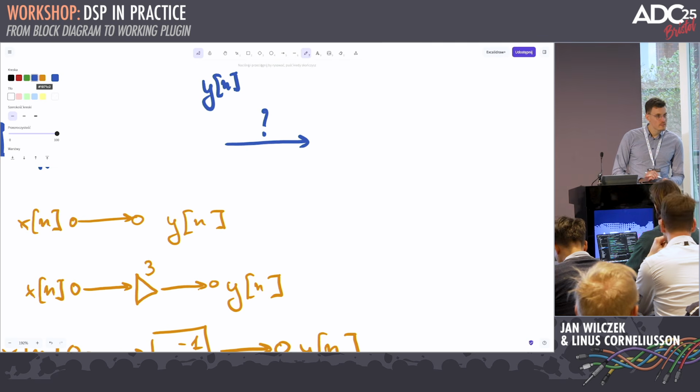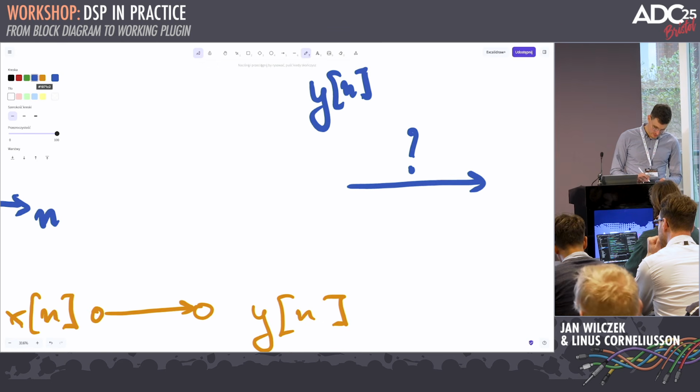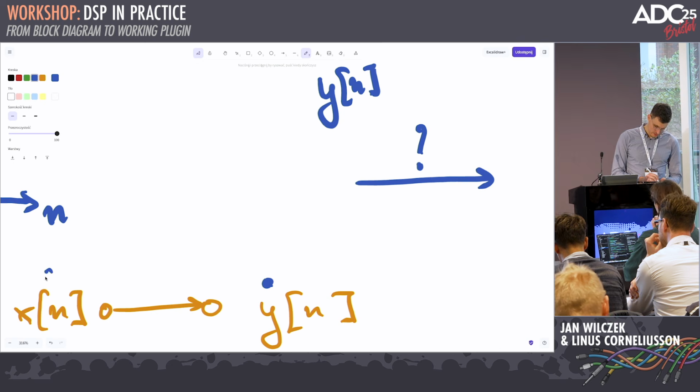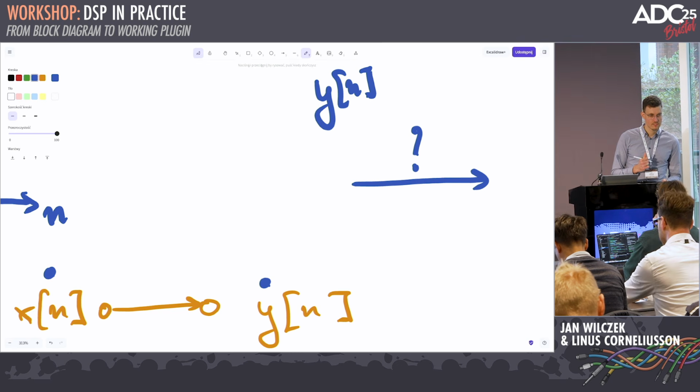Let's do, yeah. I might have missed this, but how does the difference equation relate to the block diagram specifically? Is that the bit in the middle? Yeah, exactly. The diagram and the difference equation are two different representations of the same thing. The difference equation relates the output to the input, and a block diagram does the same.